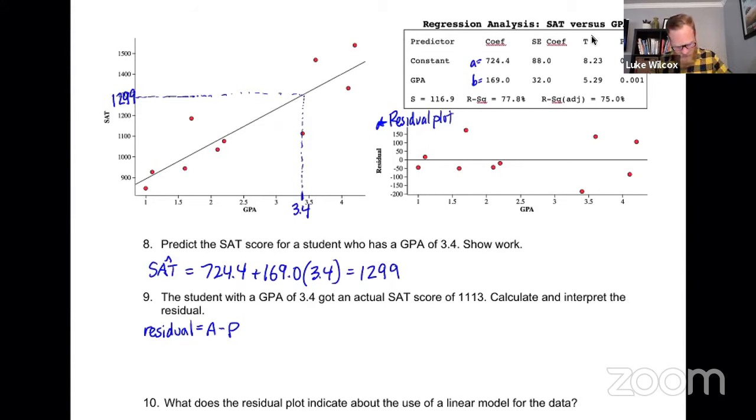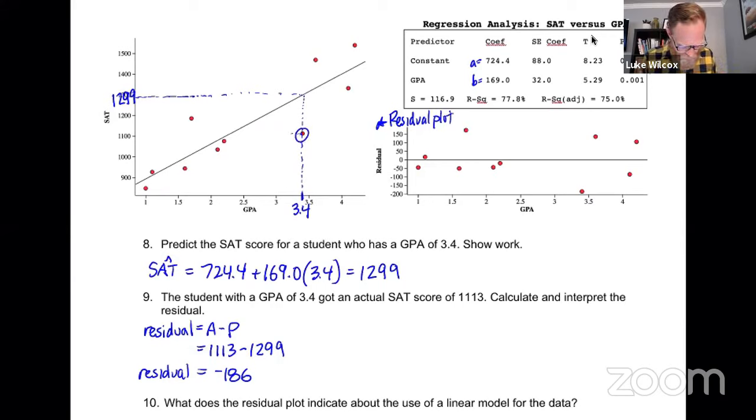So for us, the actual SAT score for this student was 1113. The predicted SAT score, well, we said we thought it was going to be 1299. And so that means that we're going to get a residual of negative 186. Now let's see if that makes sense in the picture here. All right. In the picture, look, here's the student that actually has the 3.4 GPA.